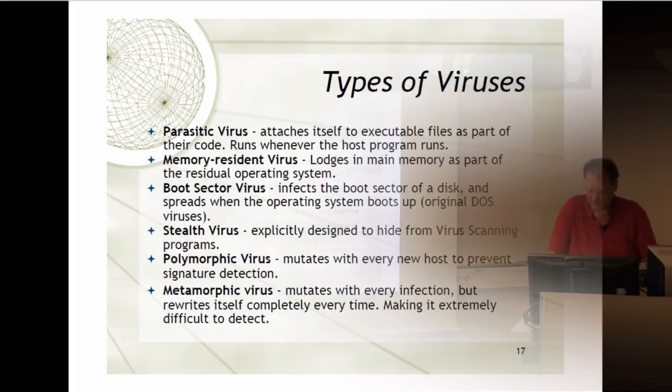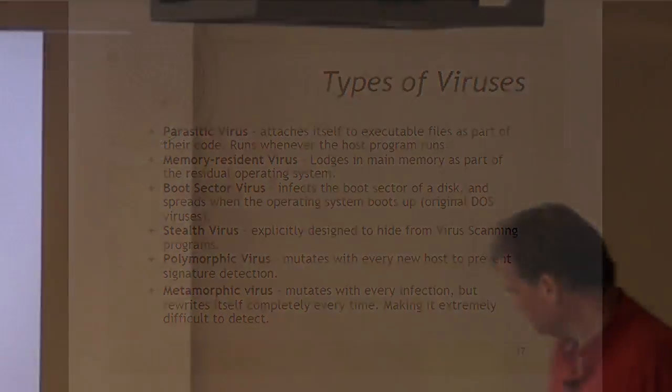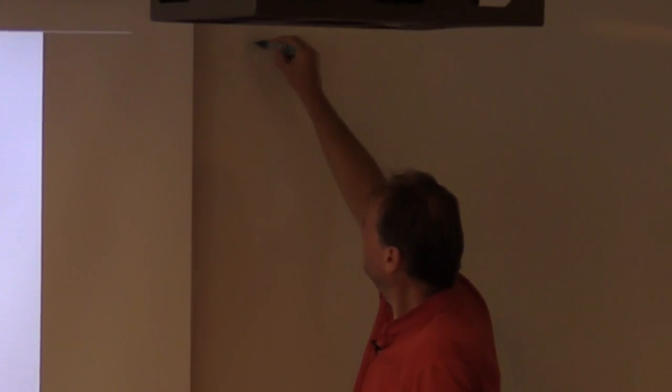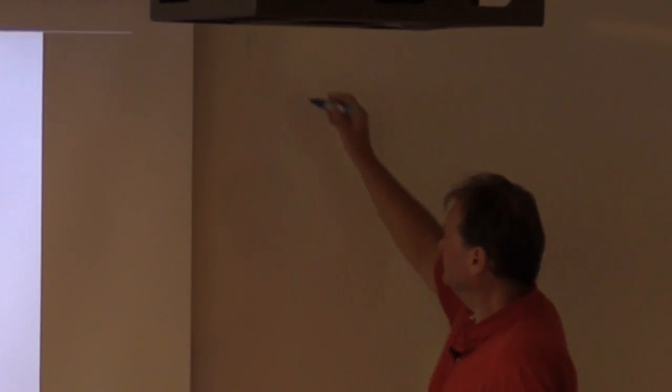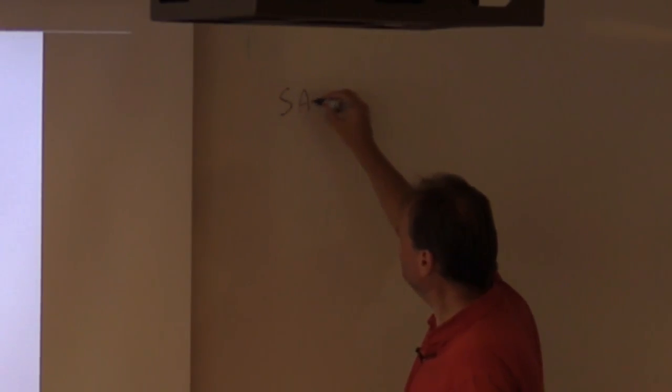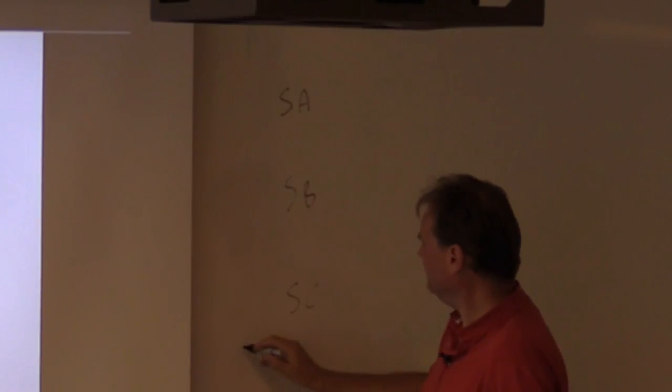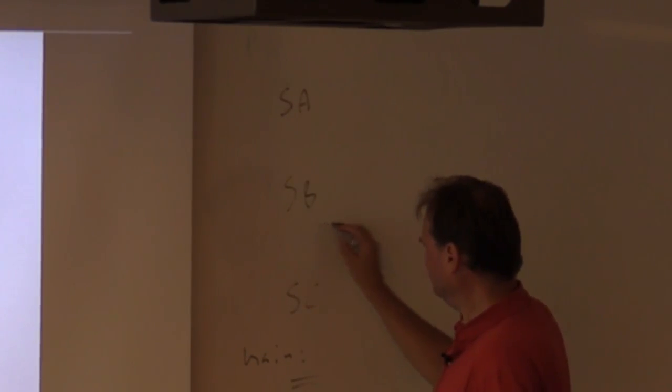Well, think about the program. Program X consists of subroutine A, subroutine B, subroutine C, and then some main here with different lines here.